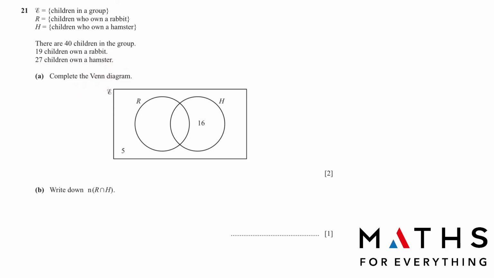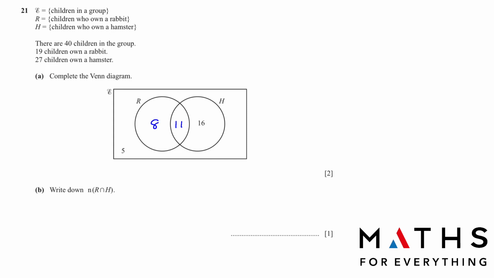Complete the Venn diagram. We know that this is hamster and there are 27 children, and the ones who have only hamster are 16. So 27 minus 16 will give us the intersection, which is 11. And 19 children own a rabbit, so this whole circle is 19. We have to find this part. That will be 19 minus 11, which is 8.